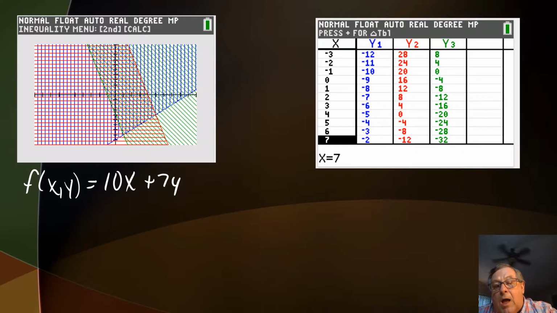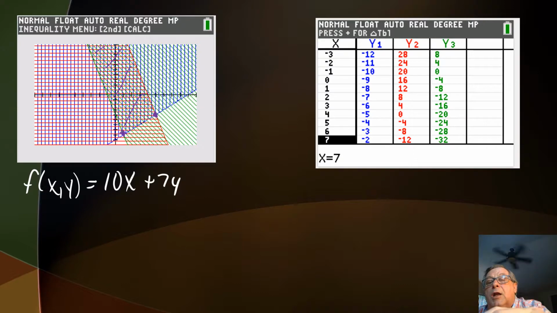And again, the area of my unbounded region is coming in right here, and it looks like I've got a vertex right there, and a vertex right there. That looks like 1, negative 8, and 5, negative 4.